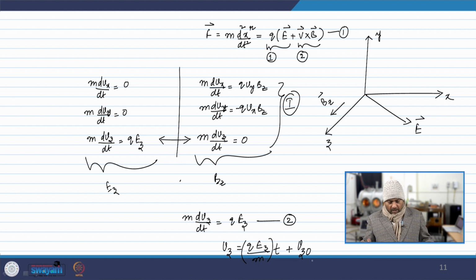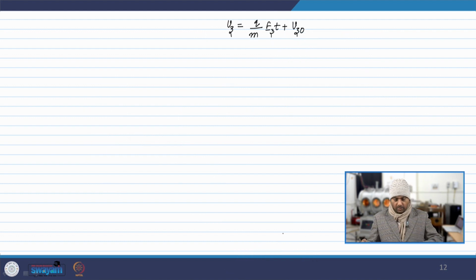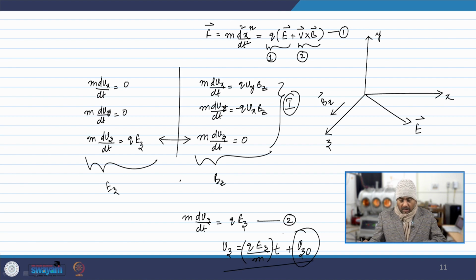The z direction of the electric field will accelerate the particle along the z direction, but it will be uninfluenced by the magnetic field which is along the same direction. So, this is the constant velocity. But when you look at the x direction of the electric field, you resolve this E to have a component Ex.